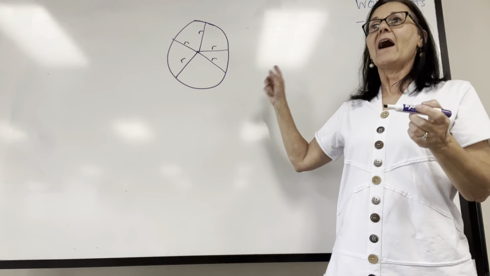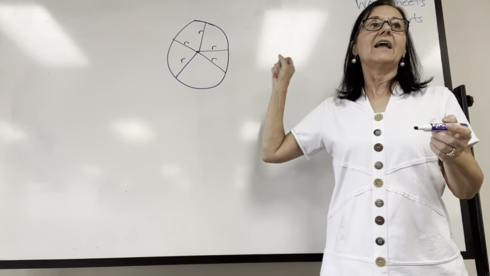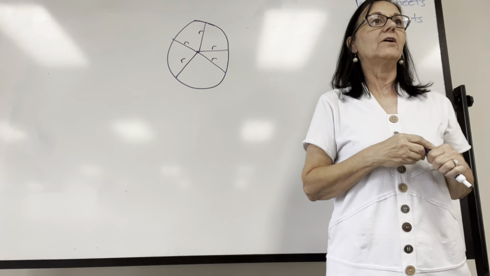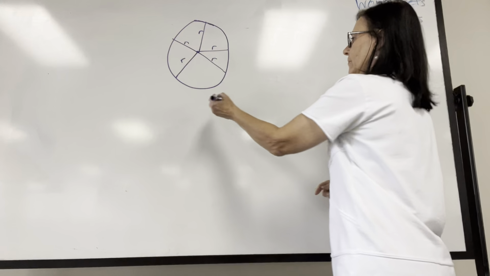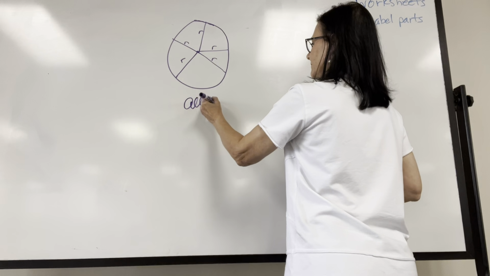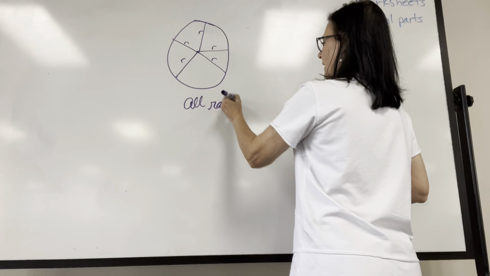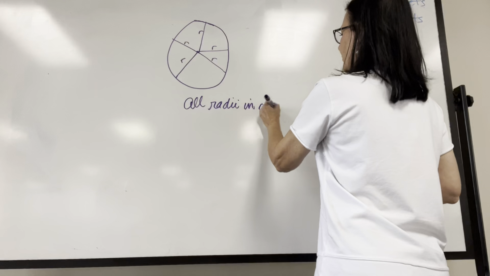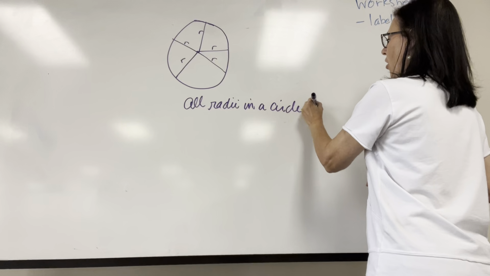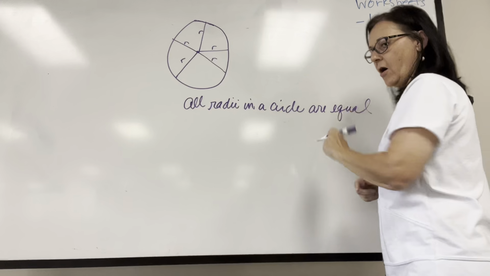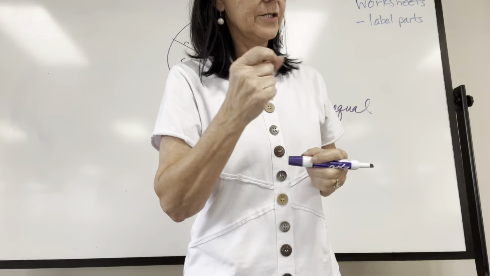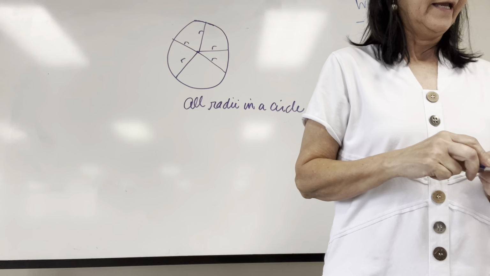Okay, so what do we know about every radius inside one circle? What do we know, Luke? That is correct. All radii in a circle, in a particular circle, they are all equal. All radii in a particular circle are equal.